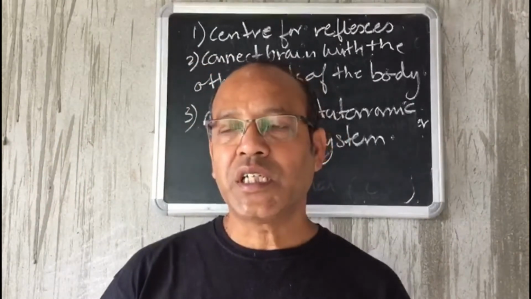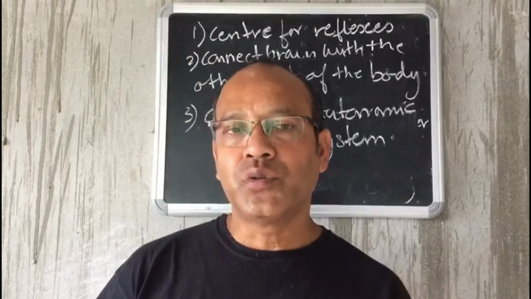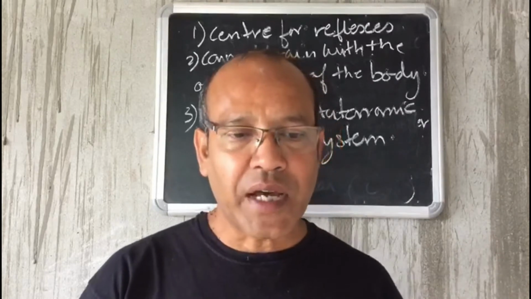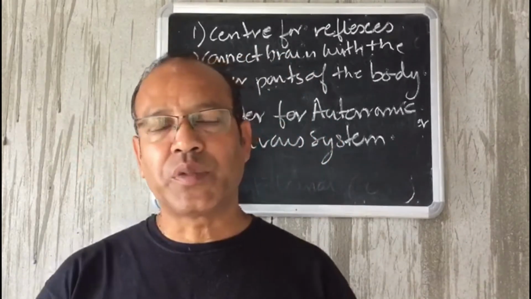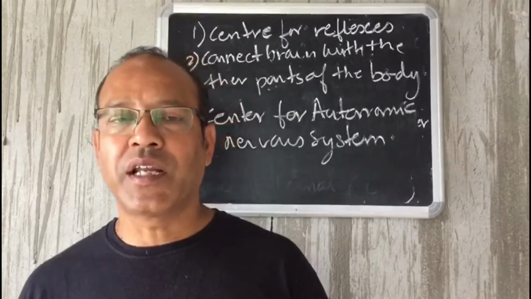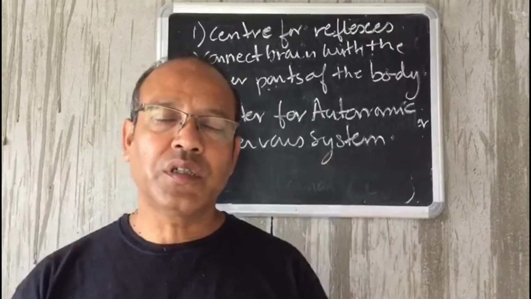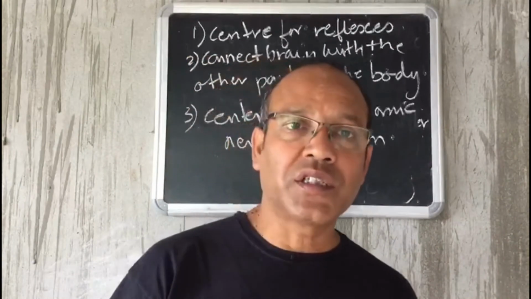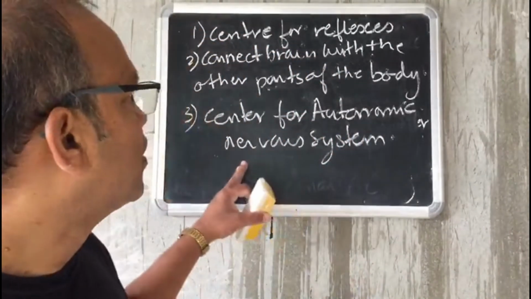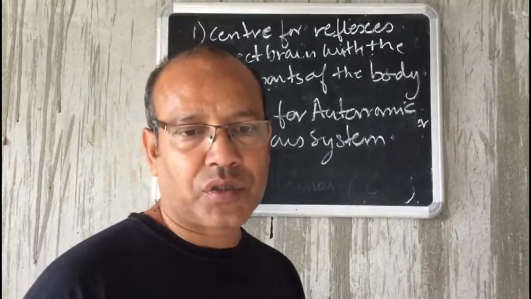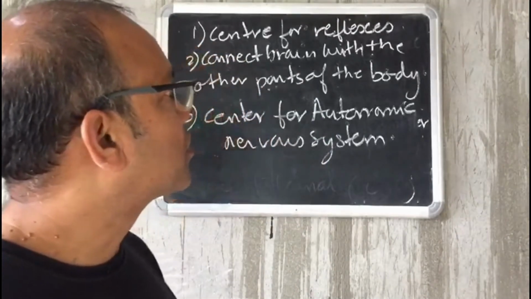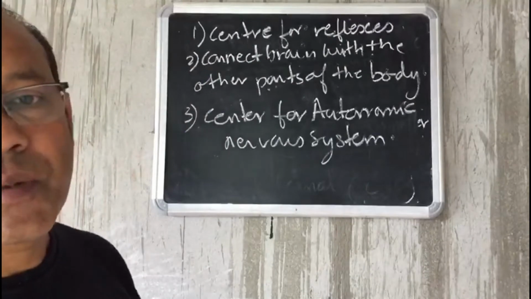It works basically with the help of two nerves, the sympathetic and the parasympathetic nerves, and they act autonomously, that means without any interference from the brain and the spinal cord, they control the different parts of the body. But the spinal cord is again a center for the autonomic nervous system. So these are the different structures and parts of the spinal cord.